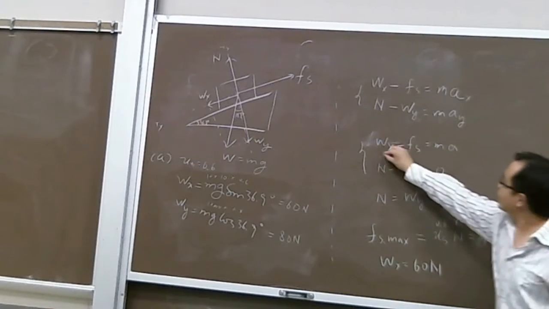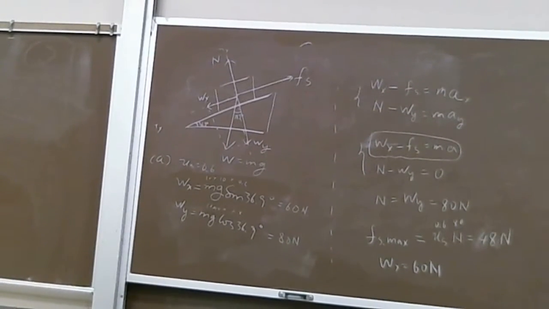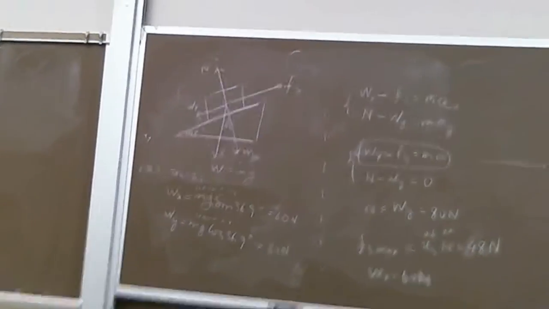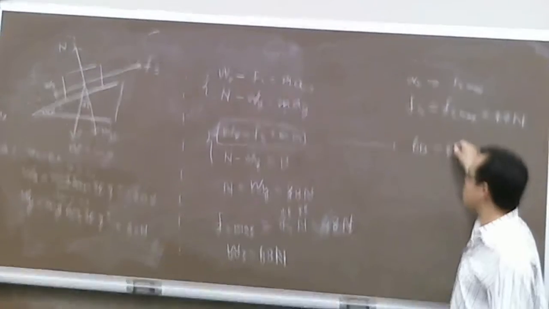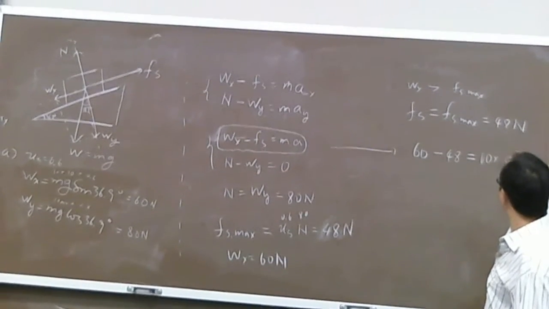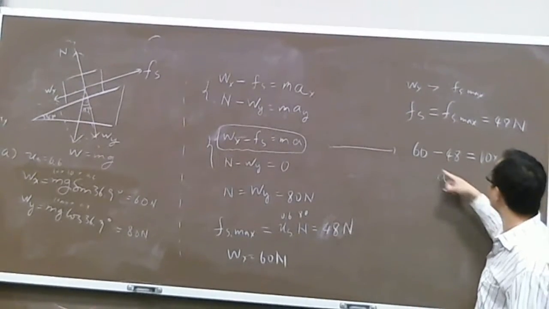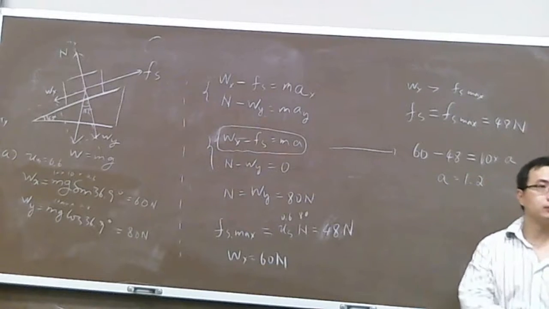So now we can calculate acceleration from this equation. Then we get 60 minus 48 equals 10 times a. The acceleration will be 1.2. Right?